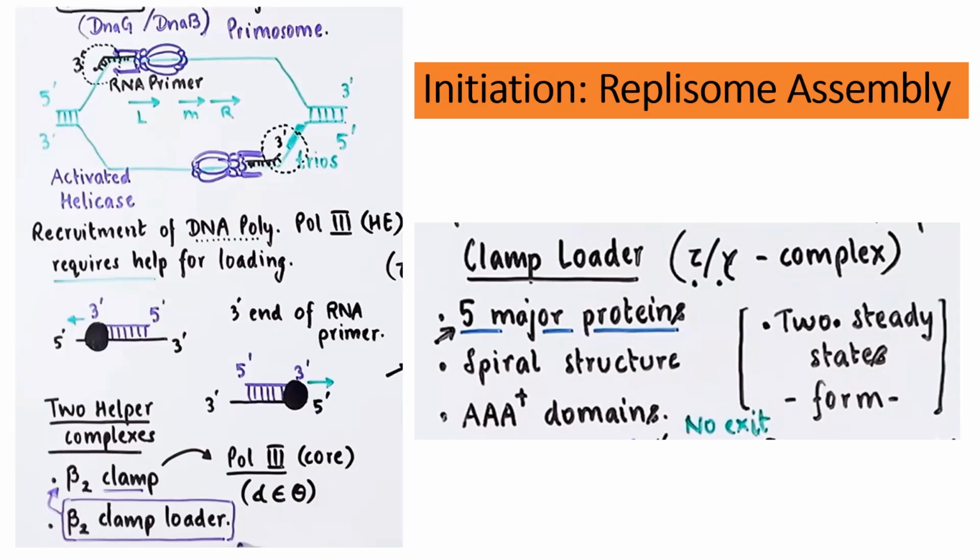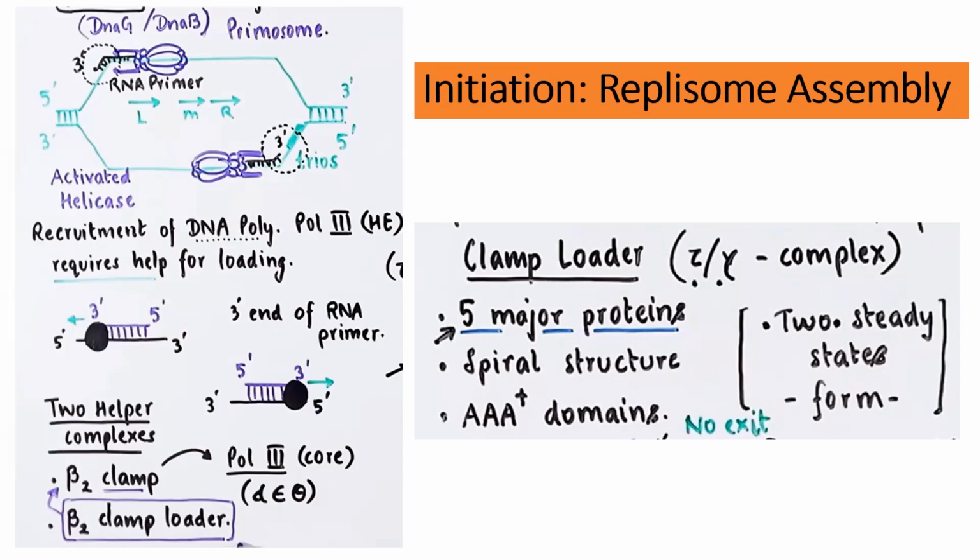Since we have two single strands of DNA, there is also a complementary complex loaded on the DNA strand. So we have one complex overlapping the L repeat of the DUE and the other at the R repeat, which also overlaps with the trios region. And this state is what we call the activated helicase.